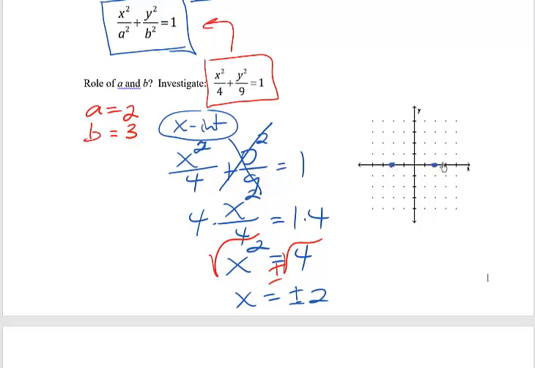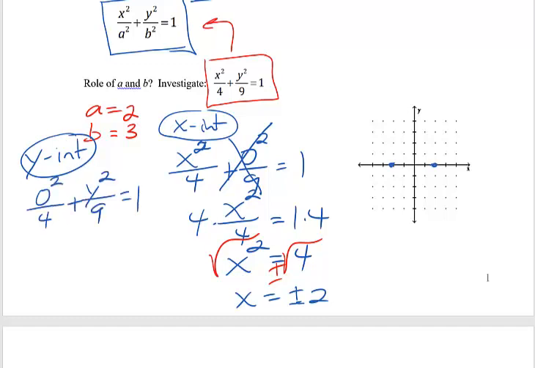Now we'll find the y-intercepts. We know there's going to be 2. The process should be very similar. Let's fill in 0 for our x. This time it's the first part that zeroes out. This is just one big 0. Then I can clear the fractions by multiplying each side by 9.